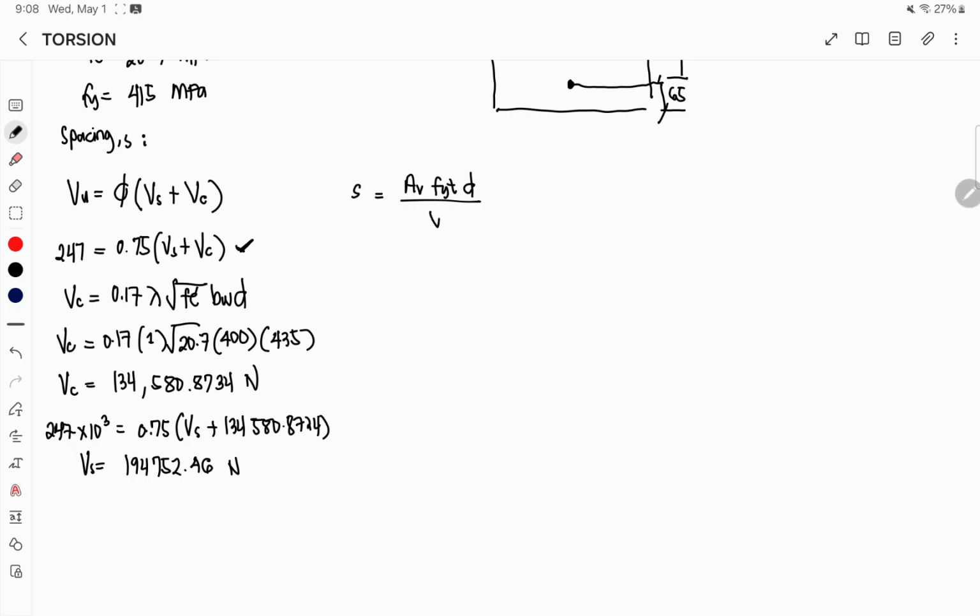We have S and Vs. First, we solve for Av. Nothing was said about the number of legs, so we assume 2 legs: pi over 4 times 12 squared times 2.